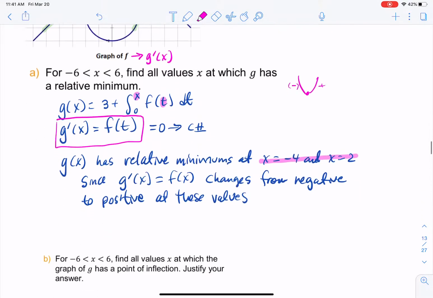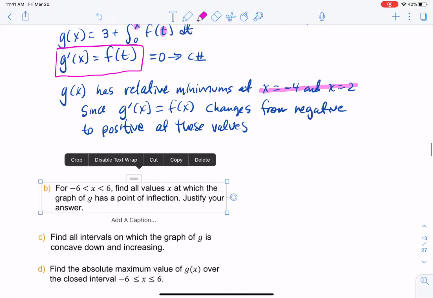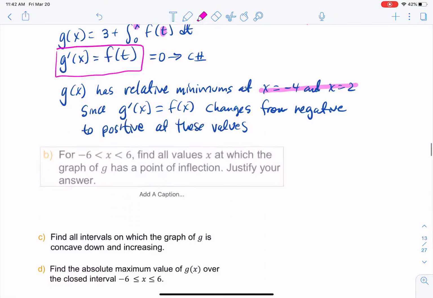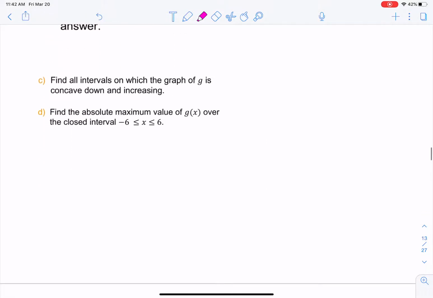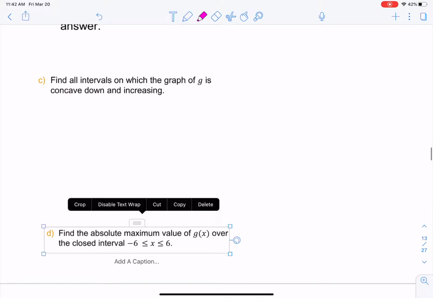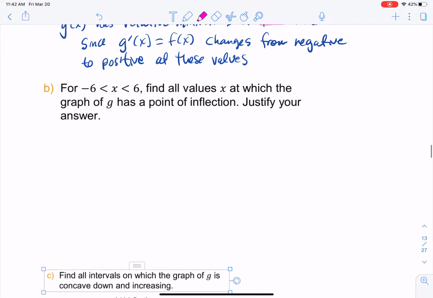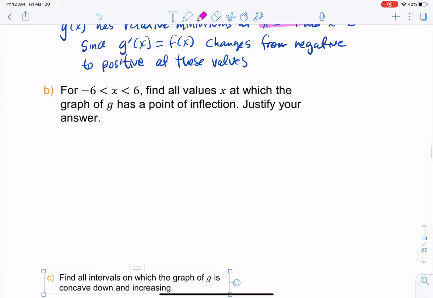All right, let's look at part B. Part B, enlarge it a little bit, and get rid of all these other things. Between negative 6 and 6, find all values of x at which the graph of g has a point of inflection. So there's a couple of ways to justify a point of inflection. We're usually looking at g double prime.